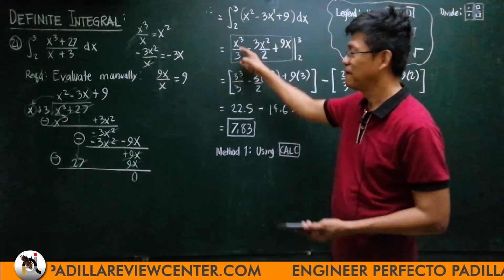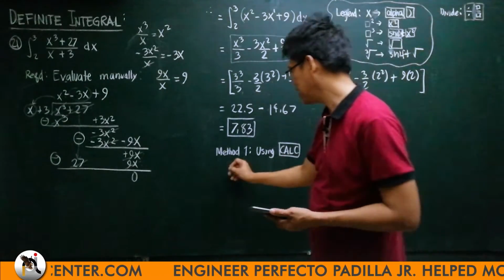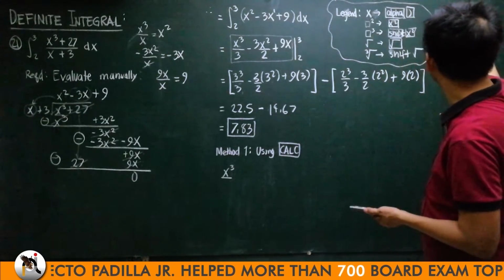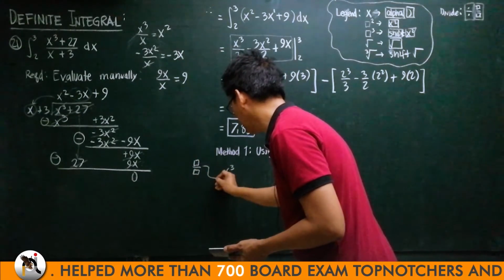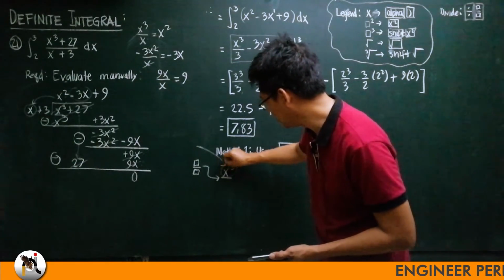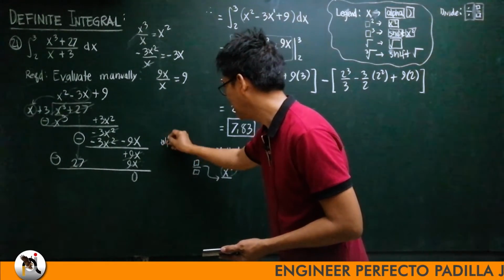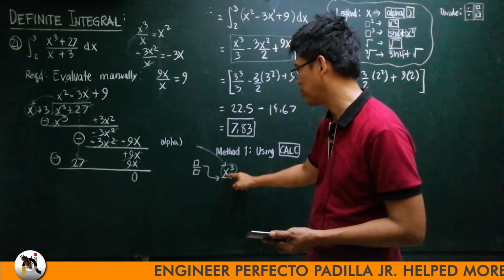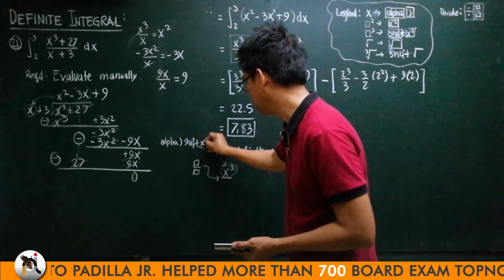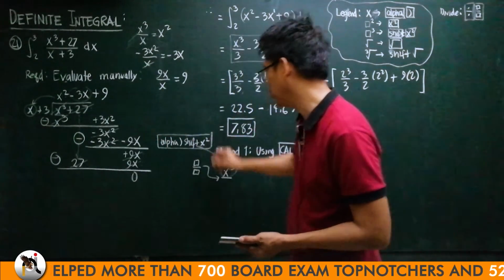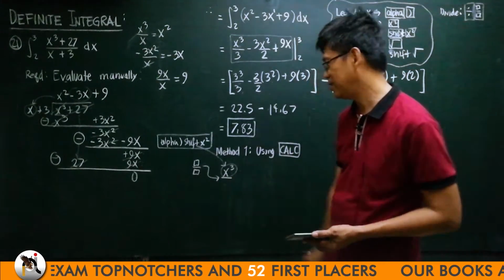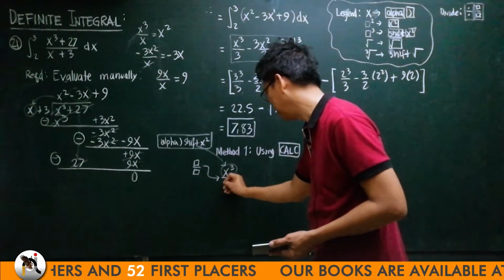So you press x cube, then press fraction, that would be divide. Then your cursor will go here for 3.